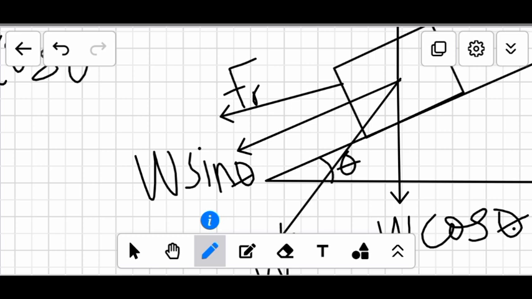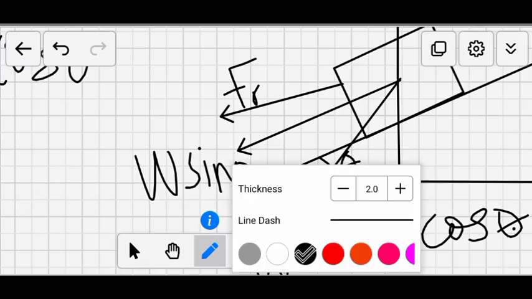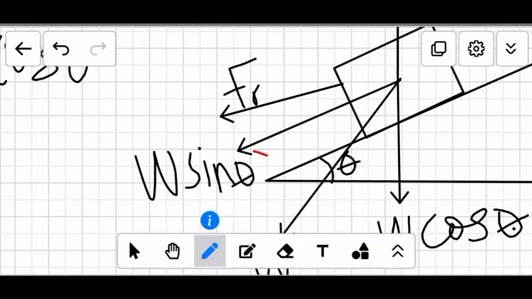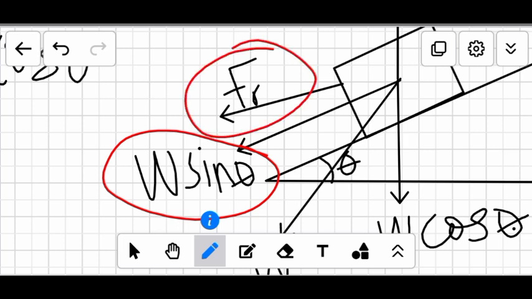Don't forget we said friction is always opposing motion. So if we are trying to drag the body up the plane, frictional force will automatically be opposite the motion. Meanwhile, this force, which is W sine theta, is still acting down the plane, and now frictional force is adding up to it in order to drive down the plane.